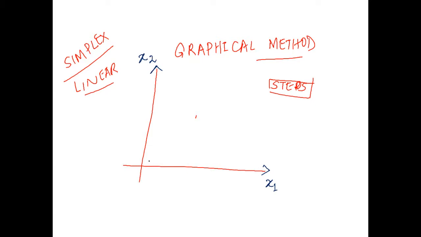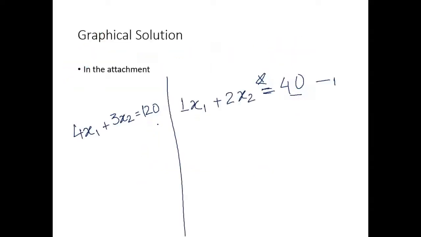So what do we need to plot? We need the values of x1 and x2. Where are we going to get these values? It's not given, because both are in letters, in variables. So how to do that? Here's the step. Listen carefully.